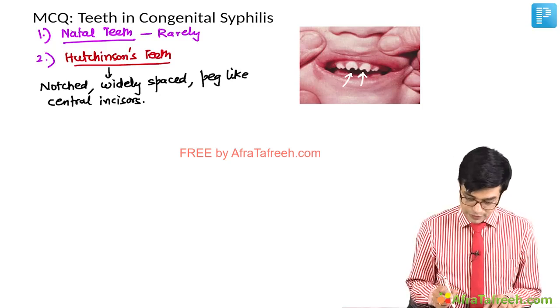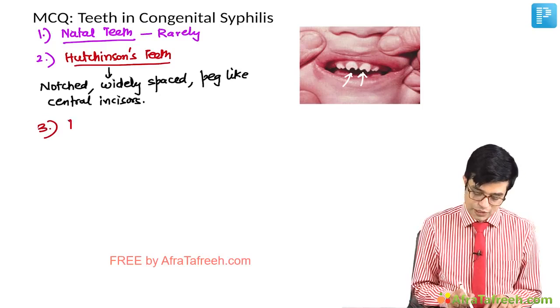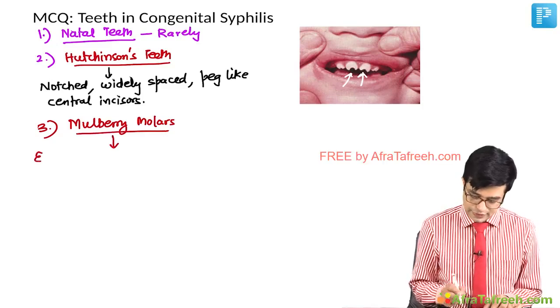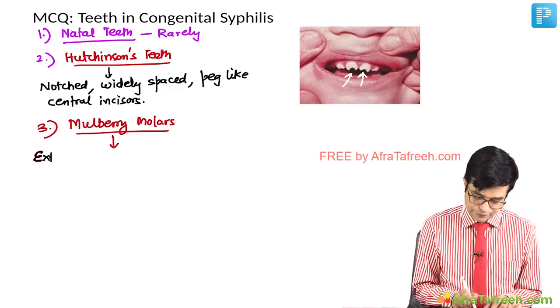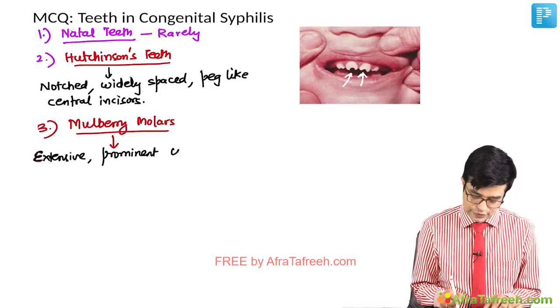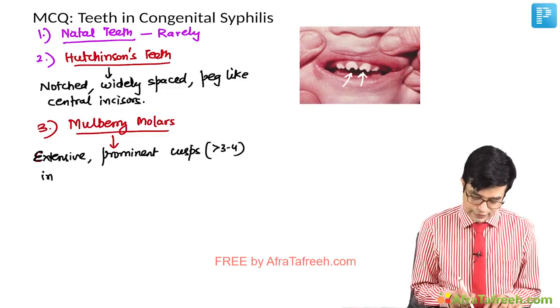And the third abnormality which you find in teeth in congenital syphilis is mulberry molars. Mulberry molars refers to extensive, prominent cusps, more than 3 to 4, in molars.